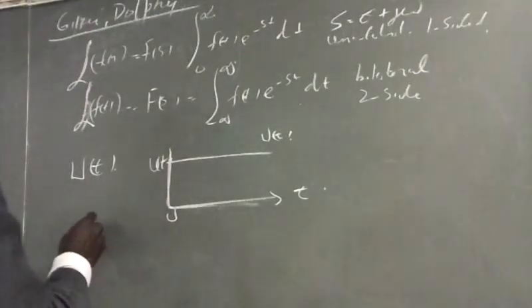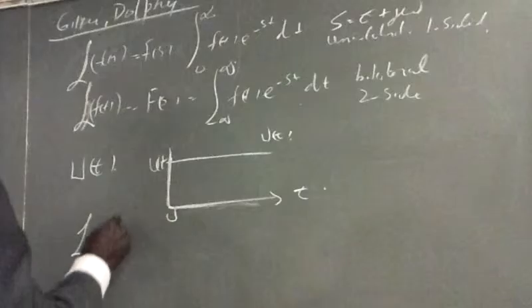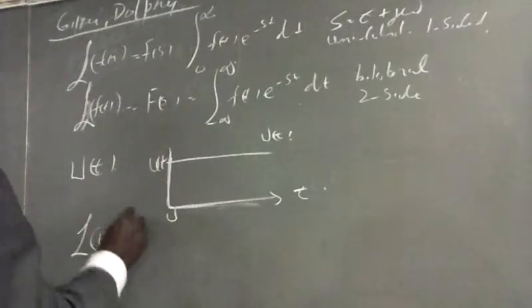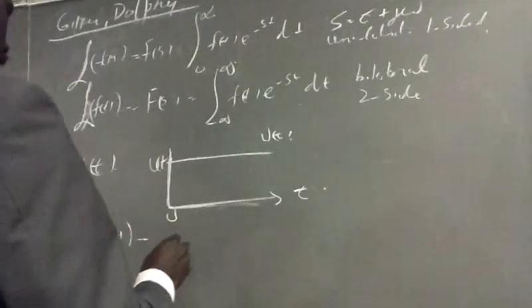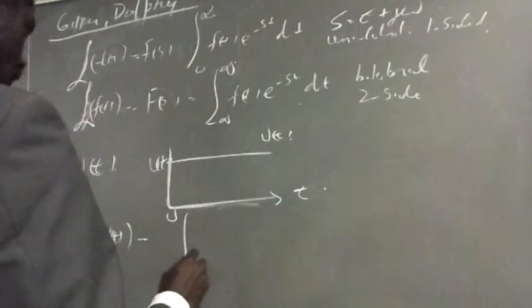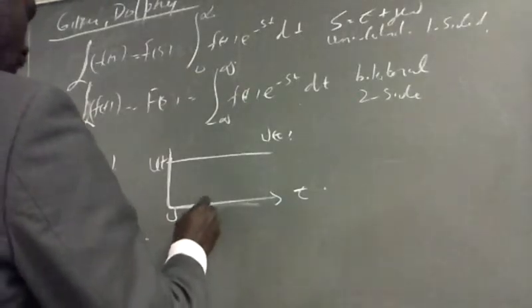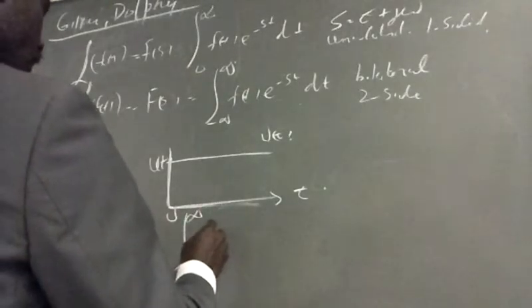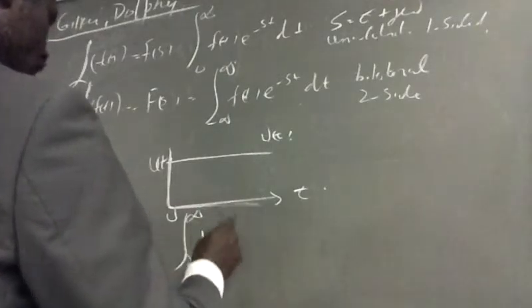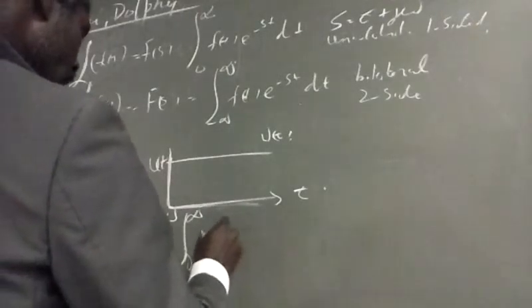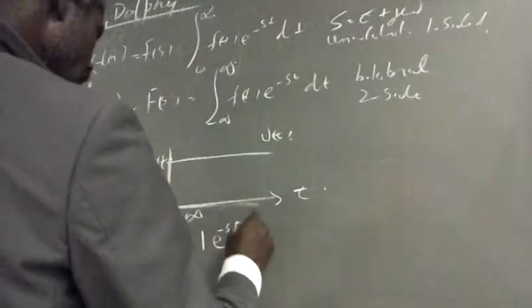So we say the Laplace transform of u of t is equal to the integral from 0 to infinity of 1 times e to the minus st dt.